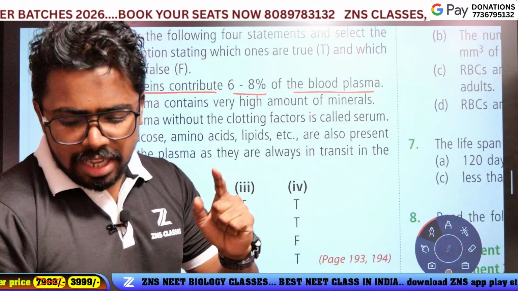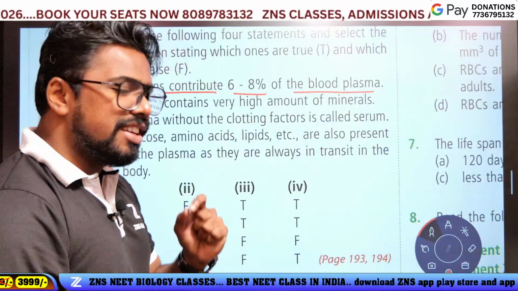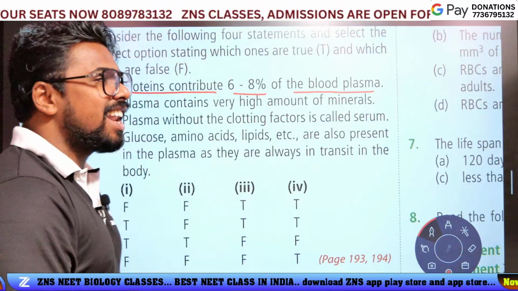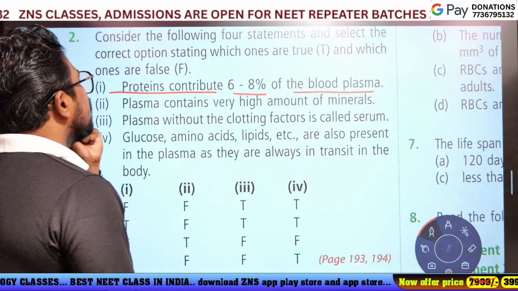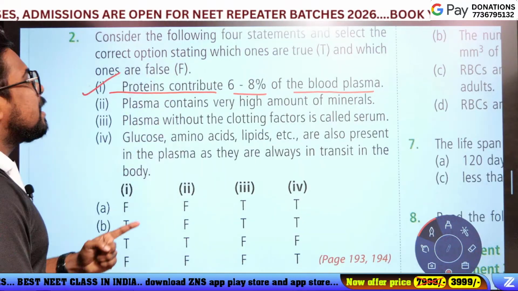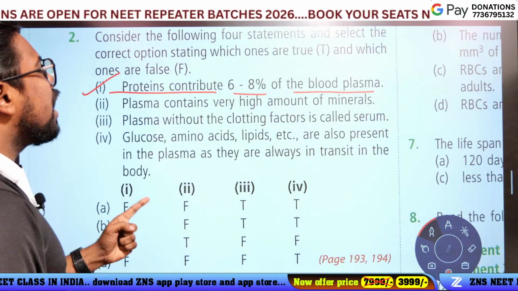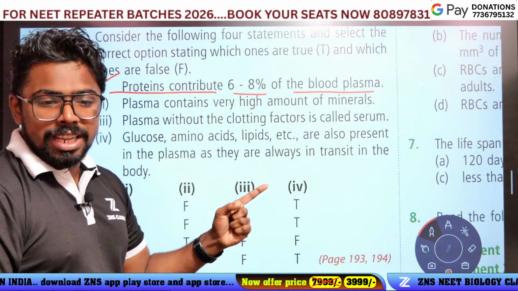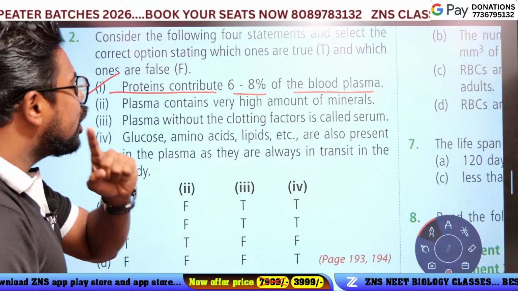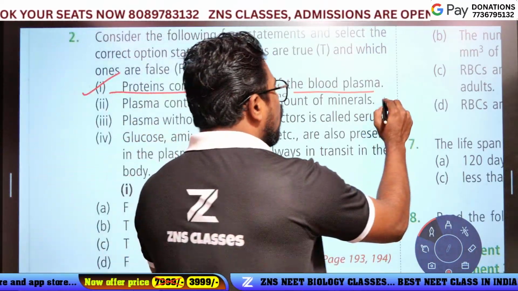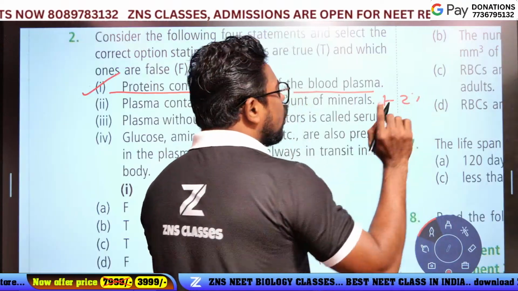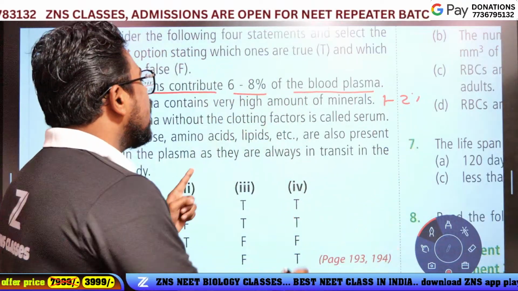Is the statement correct or false? Yes, the statement is correct. The plasma contains a very high amount of minerals. This option is not correct, because the plasma contains only 1 to 2% minerals, not a high amount.